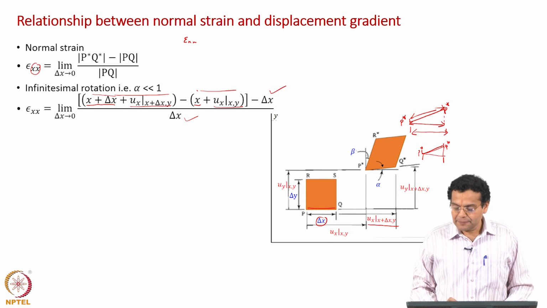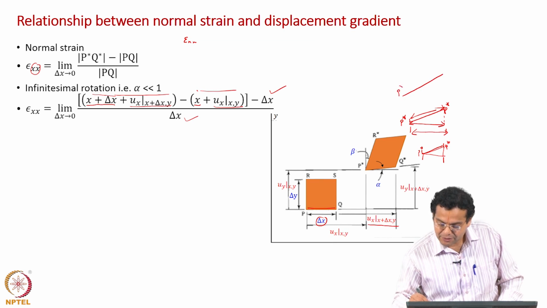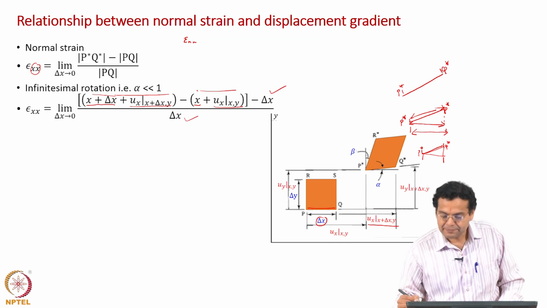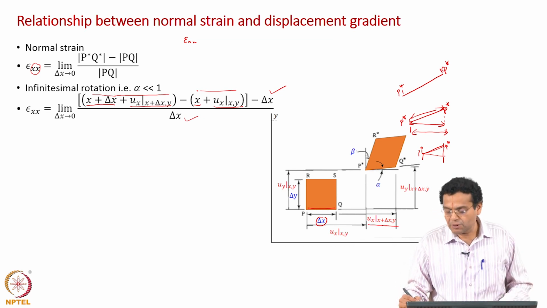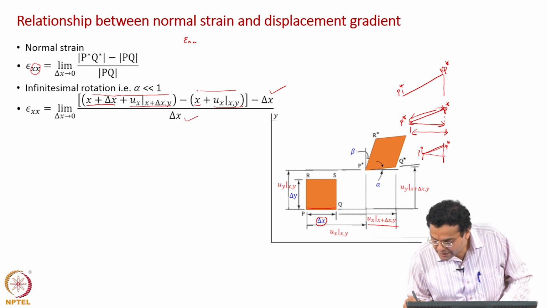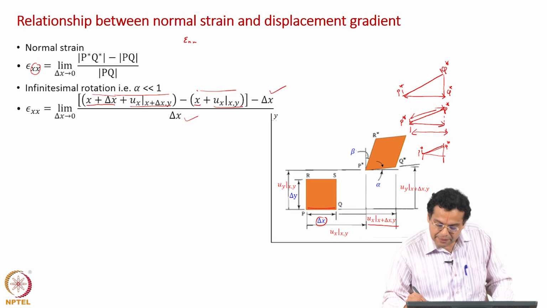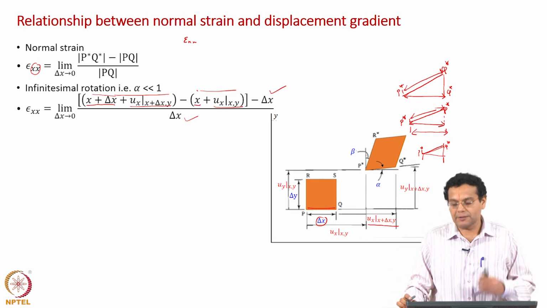In the new length, I will draw again, in fact, I want the actual length of P star Q star. I am just slightly exaggerating the angle for understanding. I want this length. Because alpha is very small, instead of that Q star I will take the projected Q star and find out only this length, assuming that this length is the same as the actual length, which is valid when alpha is very small.